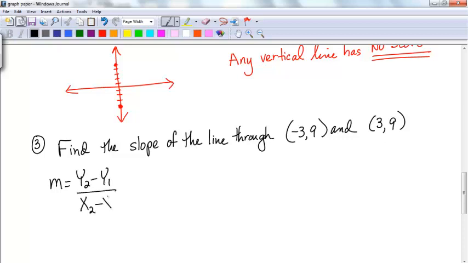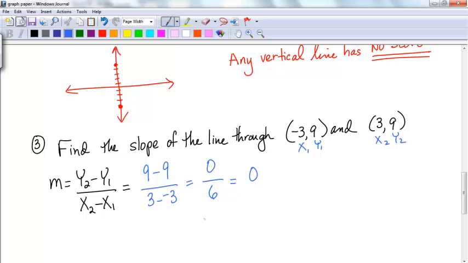Y sub 2 minus y sub 1 over x sub 2 minus x sub 1. Label either one of those x sub 1, y sub 1, the other one x sub 2, y sub 2. Okay, you just got to remember you got to have an x and y in both ordered pairs. So my y's would be 9 minus 9, and then the x sub 2 would be 3 minus a -3. So I end up with 0 over 6.